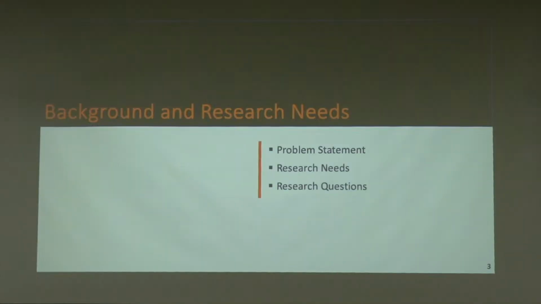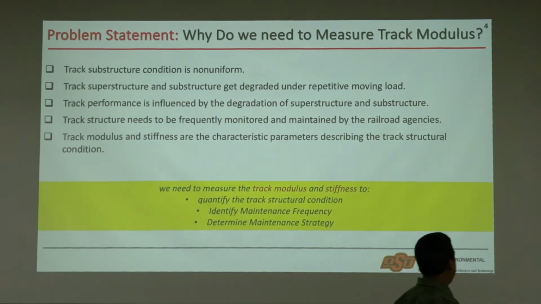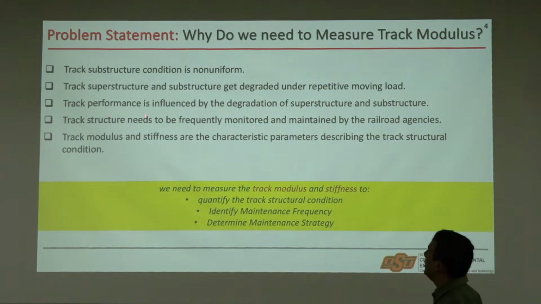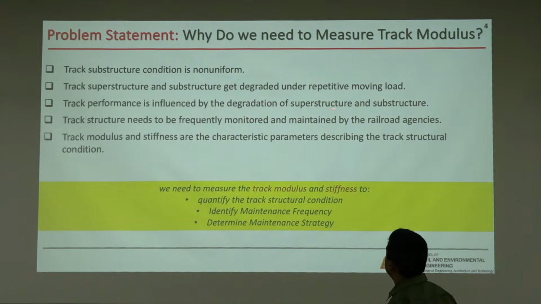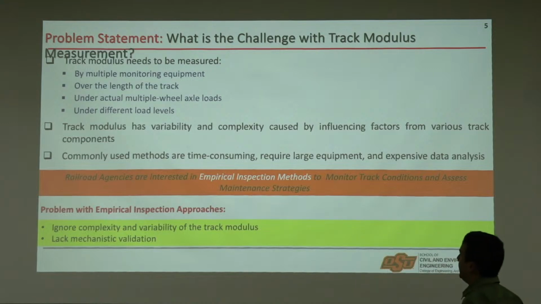This is another ongoing project. The whole idea of why you need this is because track conditions are non-uniform. Superstructure and substructure get degraded, and performance is influenced by that degradation, and we need to frequently monitor it.